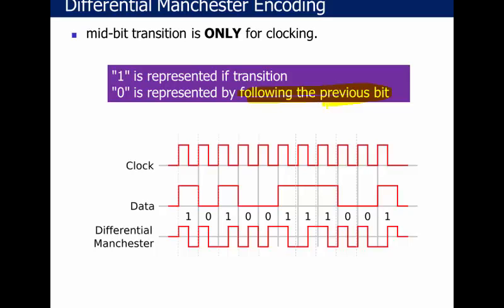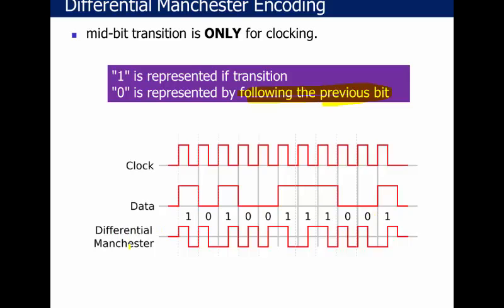For example, 1, 1, 1, 1, 1. The first one is representing the transition. From the second, it remains the same as the previous. Okay, here is a little bit of a modification. So we have a clock, 2 chips per data element. Let's say we have data 101, something like this.